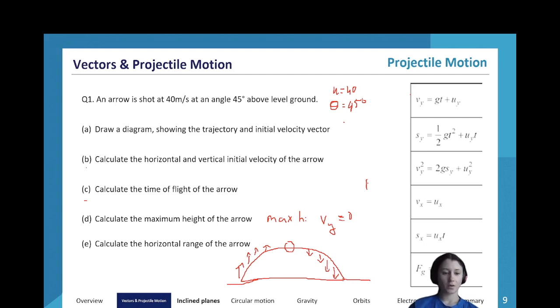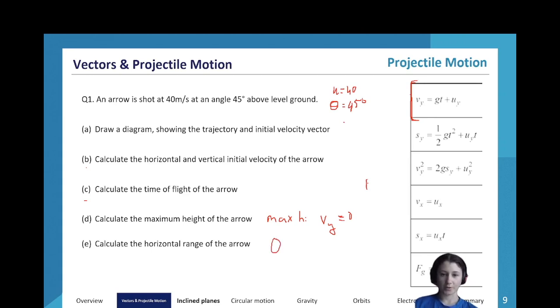So, to solve this question D, to calculate the maximum height of the arrow, we need to let Vy equal 0. Let's go down in a list. We can let Vy equal 0, and we know the other information in this equation, so this will help us.